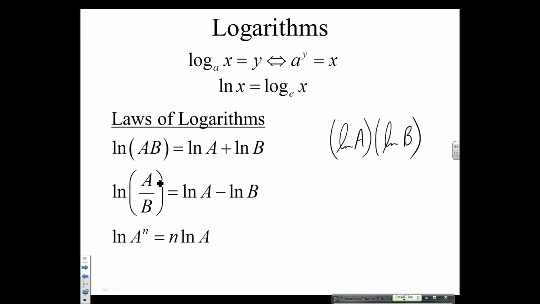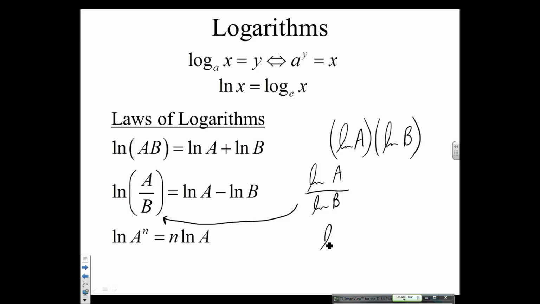Likewise, if instead of like this, you've got the natural log of a over the natural log of b, that is not the same thing as we've got over here. Here, it's the natural log of one quotient. Here I've got a log divided by another log. This right here, there's nothing you can do to simplify this. Also, you can only simplify if you're multiplying inside or dividing inside.